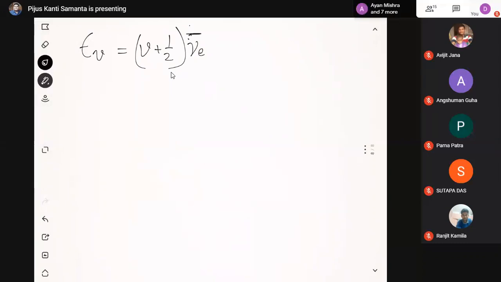And now there will be some additional contribution due to this anharmonicity, due to this Morse potential. So what are the factors?